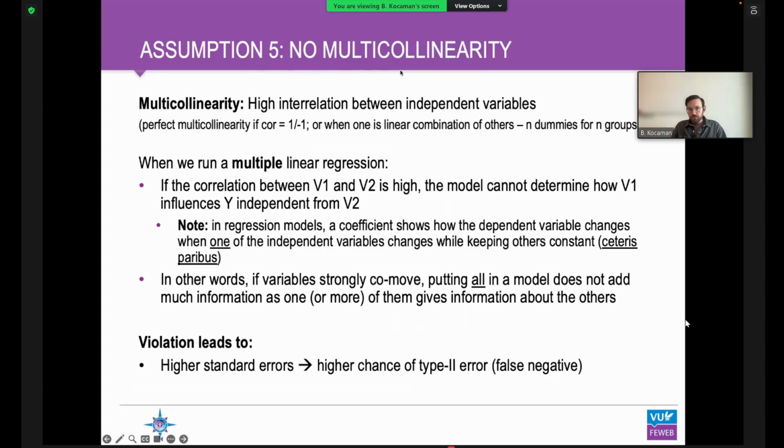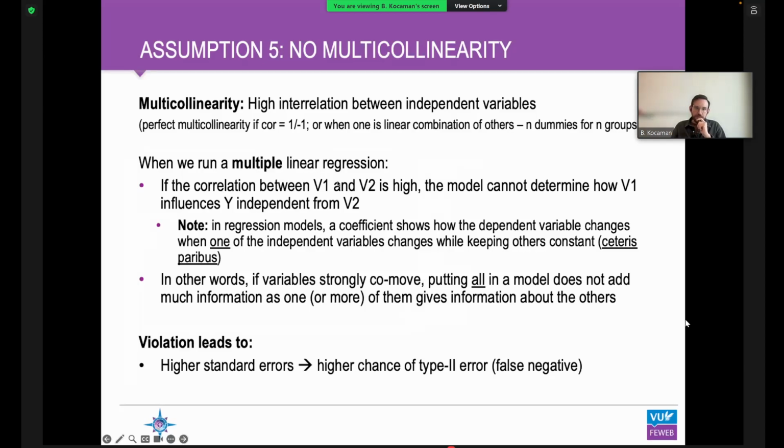The fifth assumption is related to multicollinearity. Multicollinearity means that you have high interrelation or high correlation between your independent variables. So this is not related to the correlation between the dependent variable and an independent variable, but the correlation among the independent variables. Multicollinearity can only be an issue in multiple linear regression, because in simple linear regression you only have one independent variable.